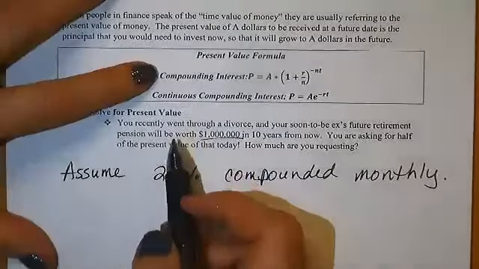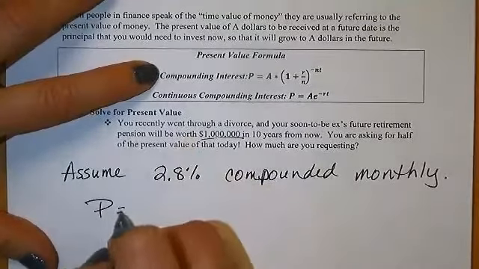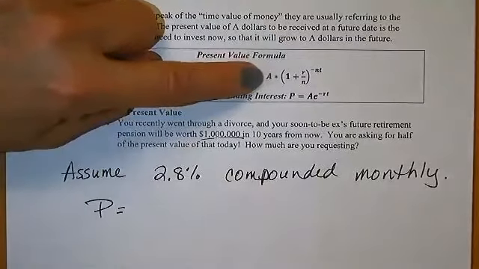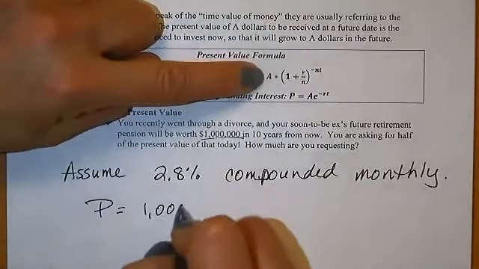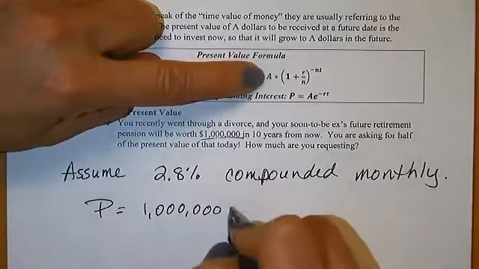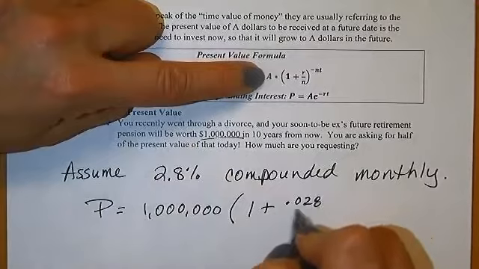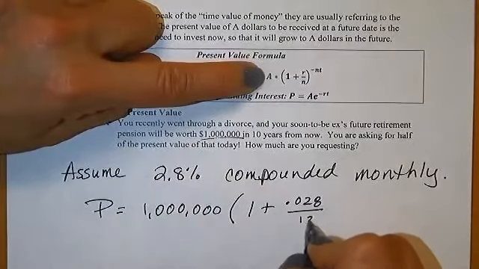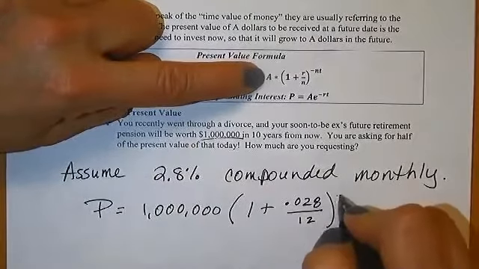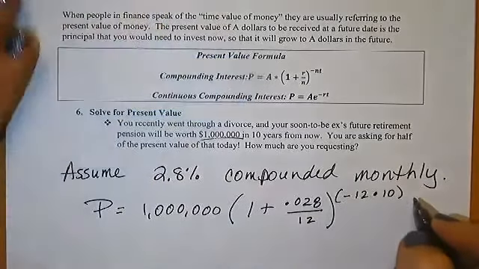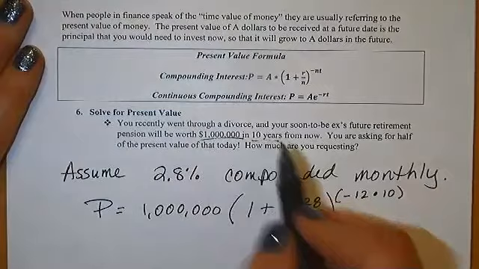So we're going to use the compounding interest formula to find the present value. We're going to take the future value of this account, which is $1 million, times 1 plus the interest rate over the number of compounding periods, to the negative 12 times the next 10 years. Remember, we're going to save this for 10 years.